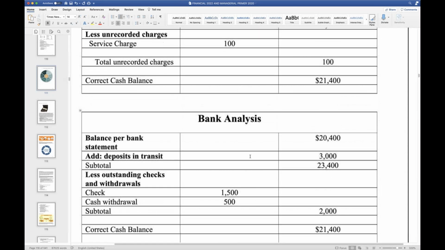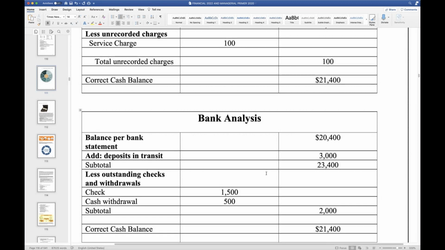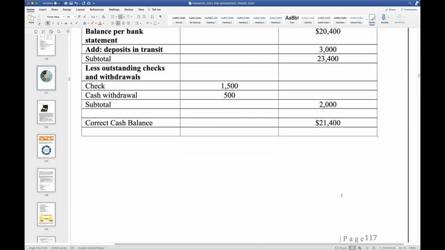Then there was a bank analysis where we started with the balance per the bank statement. We added deposits in transit, we subtracted outstanding checks and other withdrawals that the bank didn't have to get the correct balance. And the goal was a correct balance in each situation.